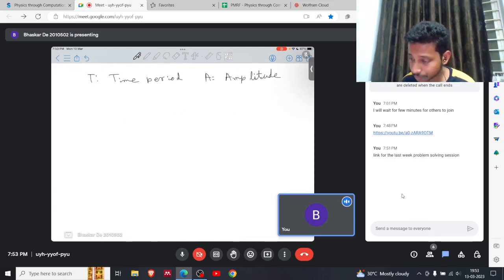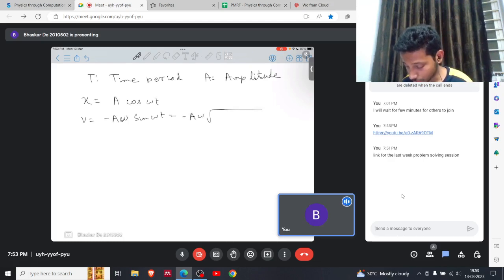So now we have to simplify our equation a little bit. x equal to A cos omega t, so v is minus A omega sin omega t, minus A omega root over 1 minus cos square omega t, equal to A omega root over 1 minus x square by A square, which gives omega root over A square minus x square.